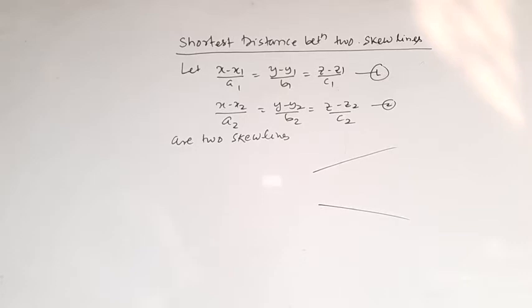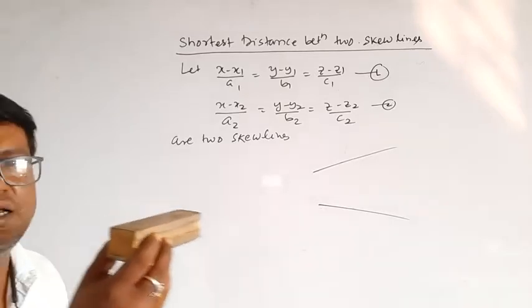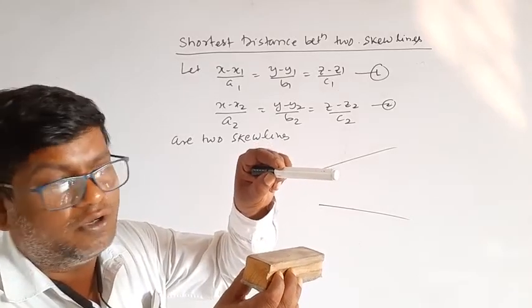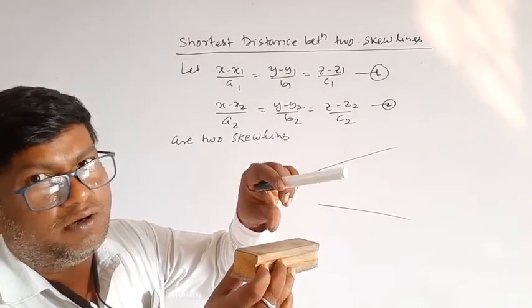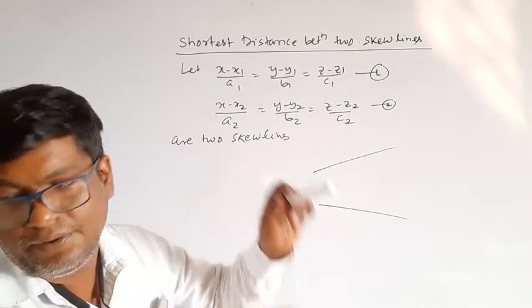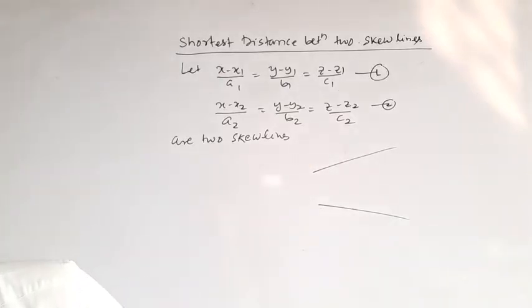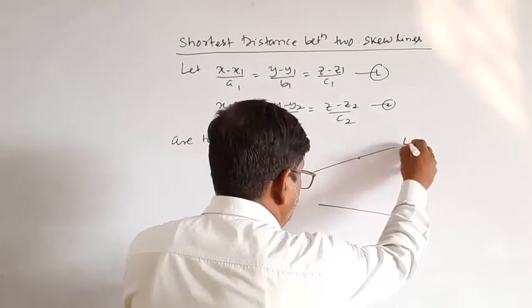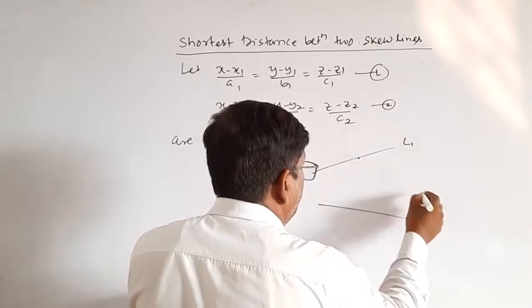Skew lines means neither parallel nor coplanar. Suppose this is a straight line and these are the skew lines, neither parallel nor coplanar. Now, this is line 1 and this is line 2.